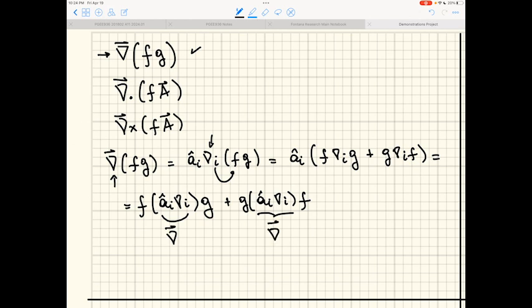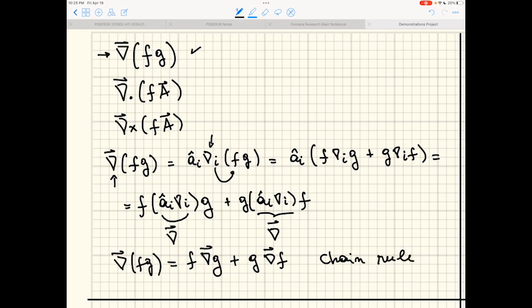So that's what we get. The nabla of fg is simple, right? I mean, that's not a big deal to solve. It's f nabla g plus g nabla f. So that's the chain rule for the gradient of a product of functions.